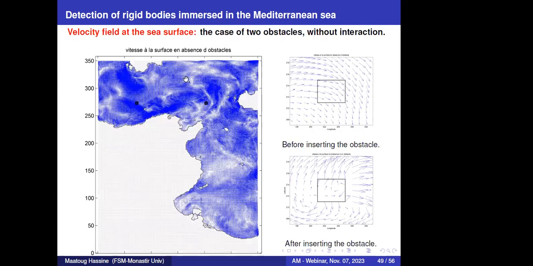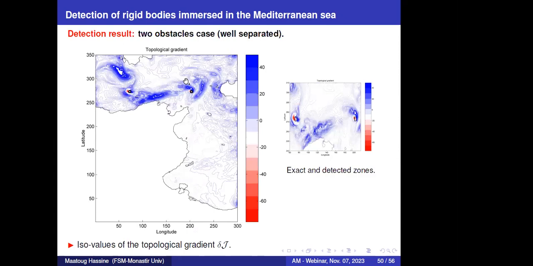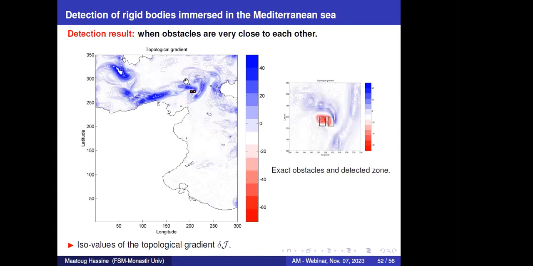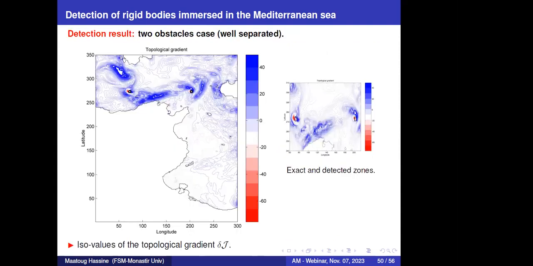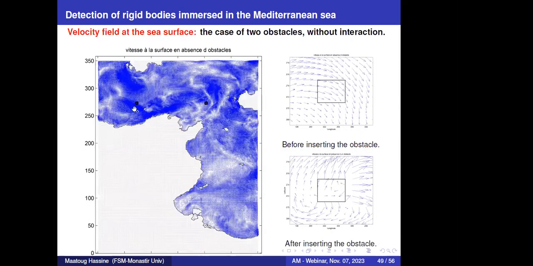In the second example, we aim to detect two well-separated obstacles. We present here the location of the exact unknown obstacles.